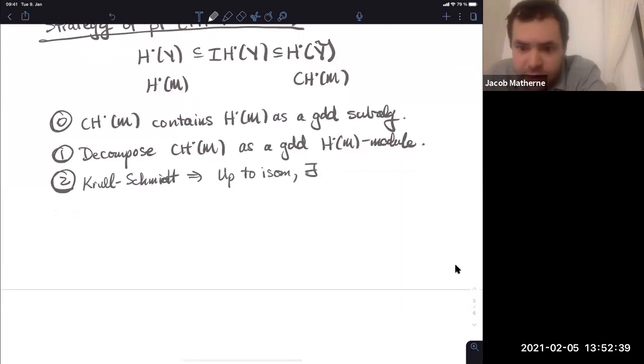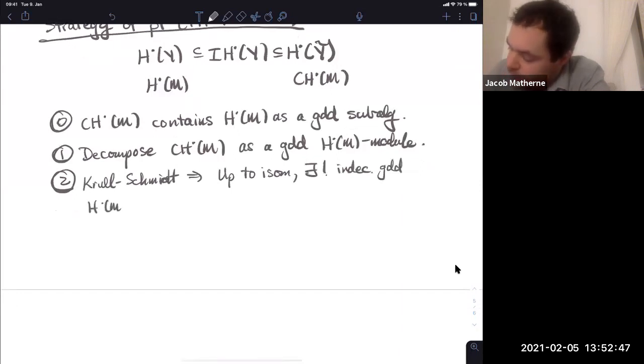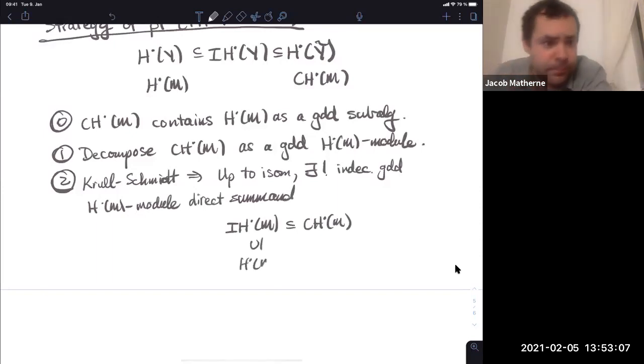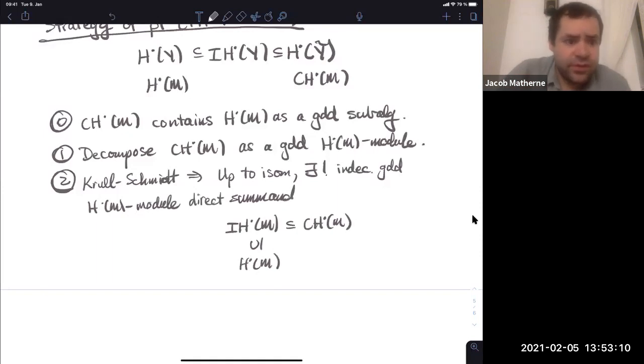There exists a unique indecomposable graded H of M module, direct summand, I'll call it IH of M, that is contained inside of CH of M and contains H of M. So this is some definition up to isomorphism, so it's not a canonical definition of the intersection cohomology.